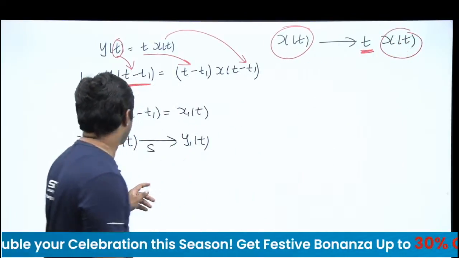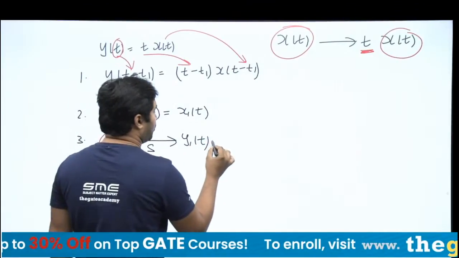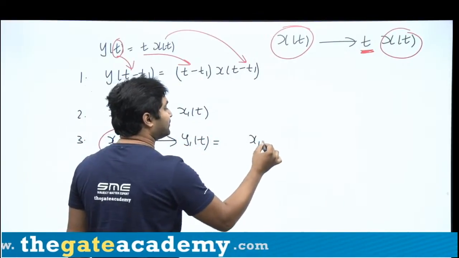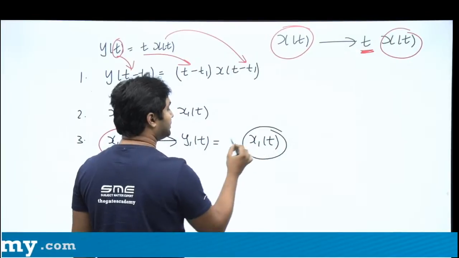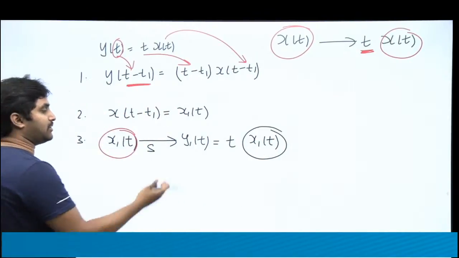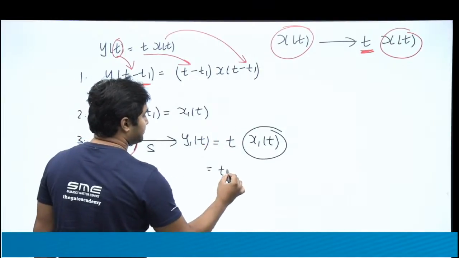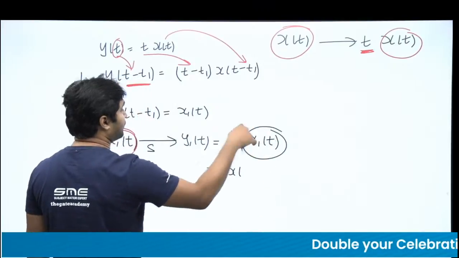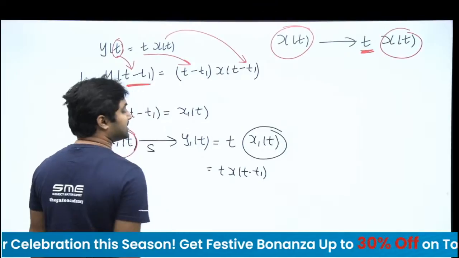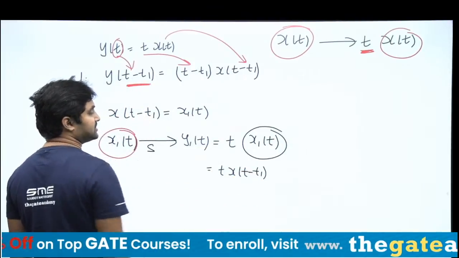Here the input is x1 of t, so the system is going to multiply the same input x1 of t with t. What is x1 of t? It is x of t minus t1. So here it is t times x of t minus t1.